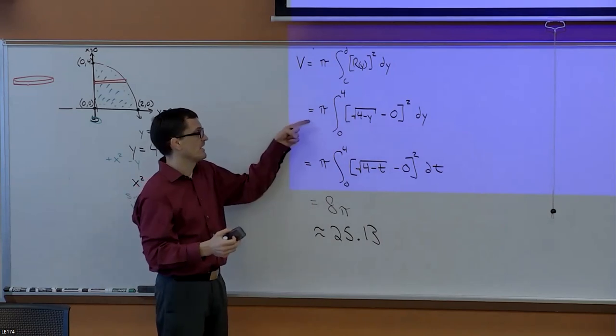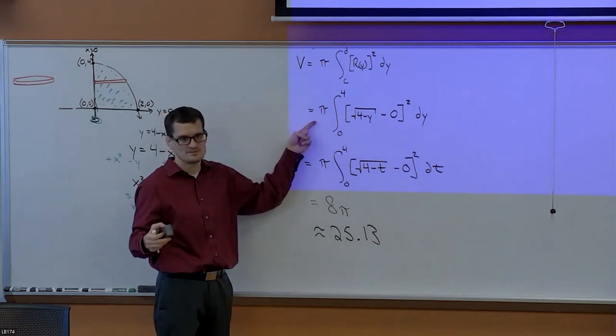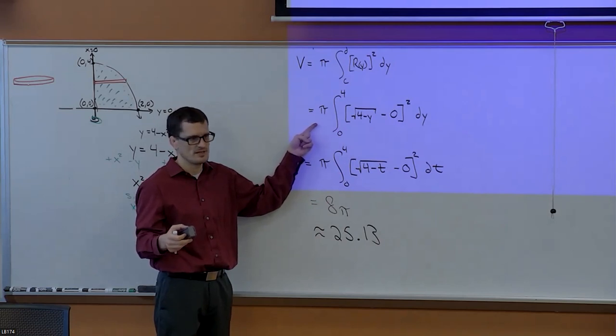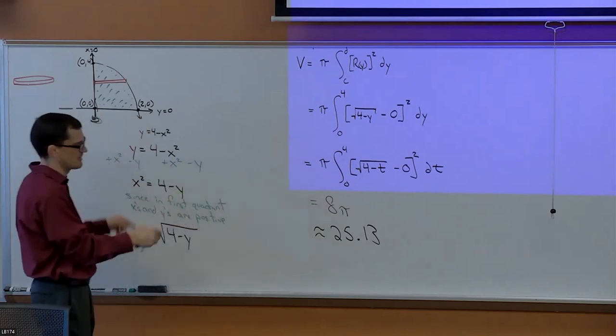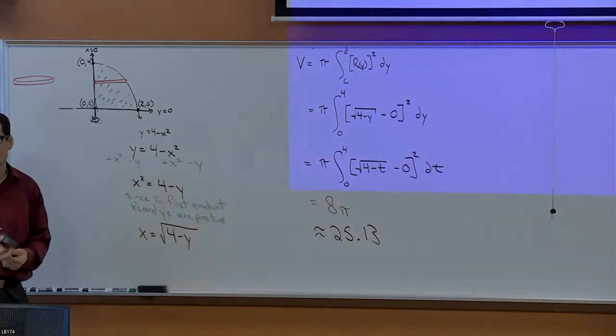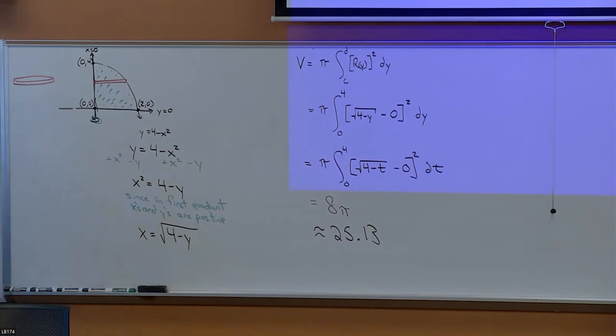If it's easier to understand that way, use that way. My whole point is it's just all giving you the same thing. Okay. Any questions about that? No. All right.